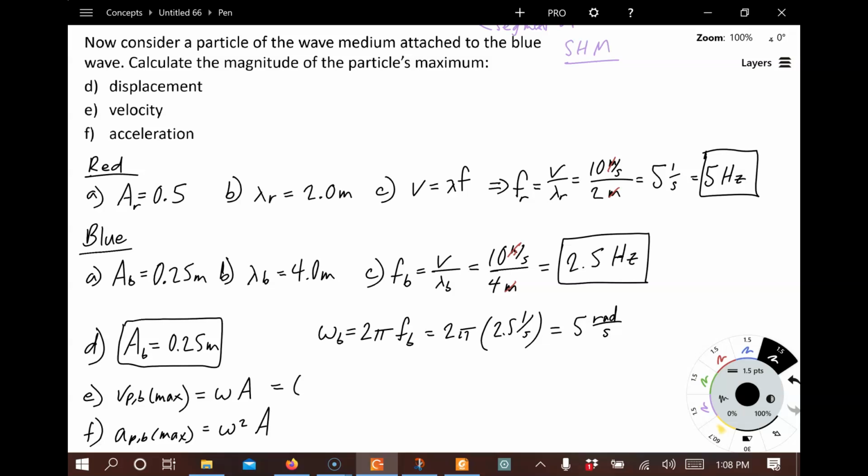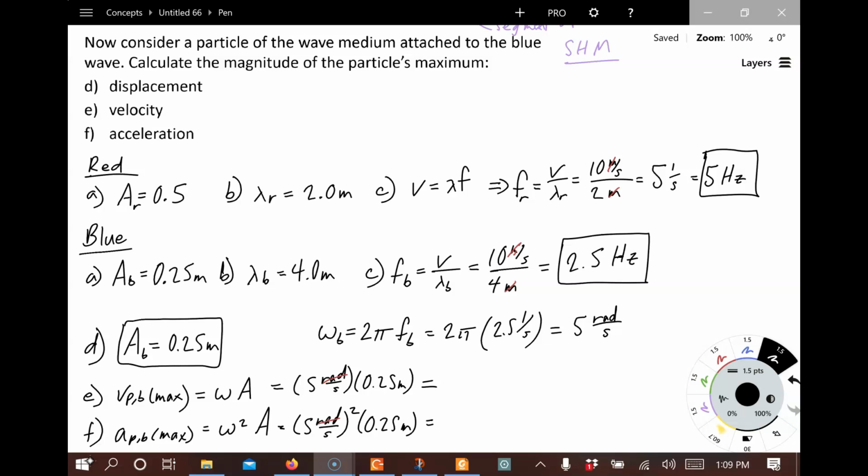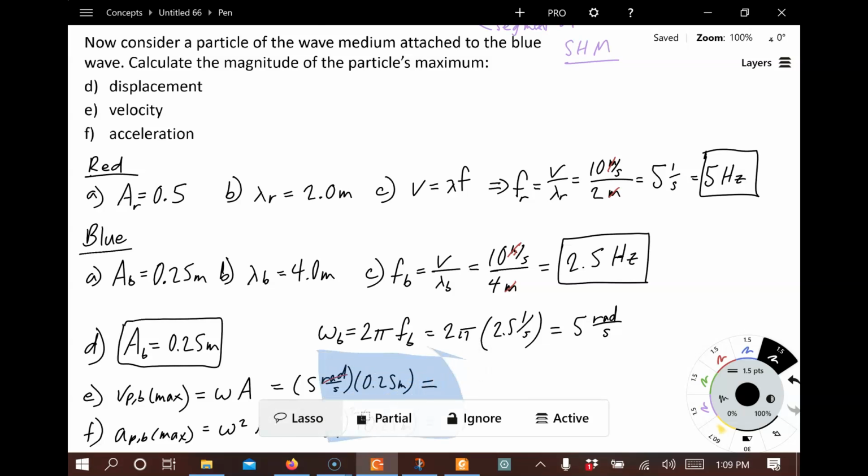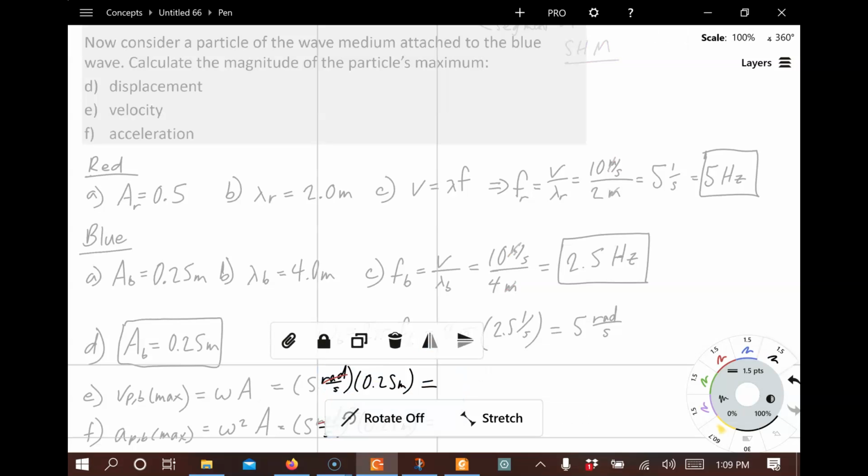So we've got 5 pi rad per second times the magnitude 0.25 meters, and for the acceleration we have 5 pi rads per second squared times the amplitude 0.25 meters. We're going to cancel out rads because we're multiplying by meters, and when we get this, we'll get some answers here for the velocity. Oops, I realized I forgot to put pi inside here, so let's go ahead and put pi inside there.